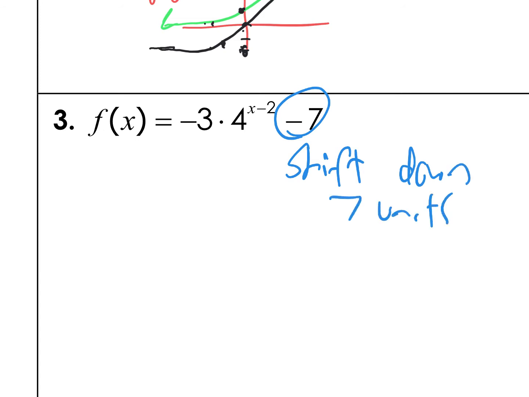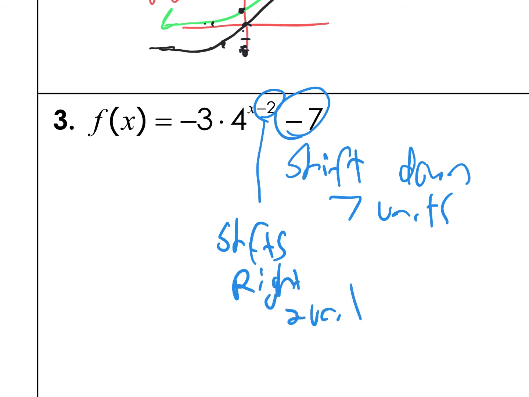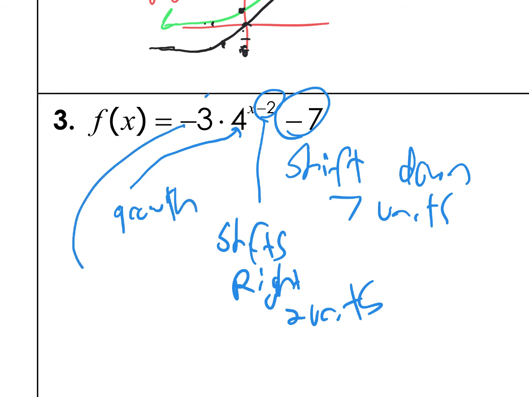This x is taking away 2, so it means it shifts right 2 units. This means it's going to be a growth. The negative means flip over the x-axis.